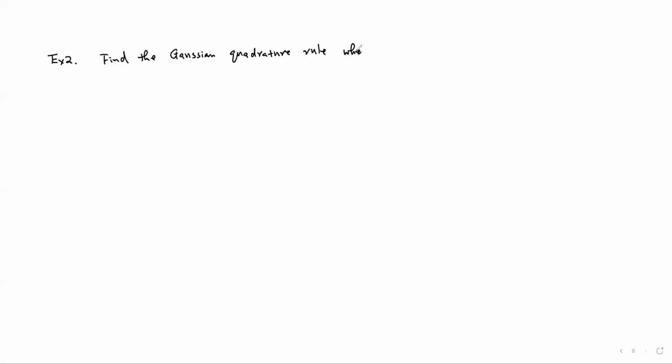When W is 1, because we have orthogonal polynomials corresponding to W being 1. So I set W to 1, and the interval [a, b] is regular 1.